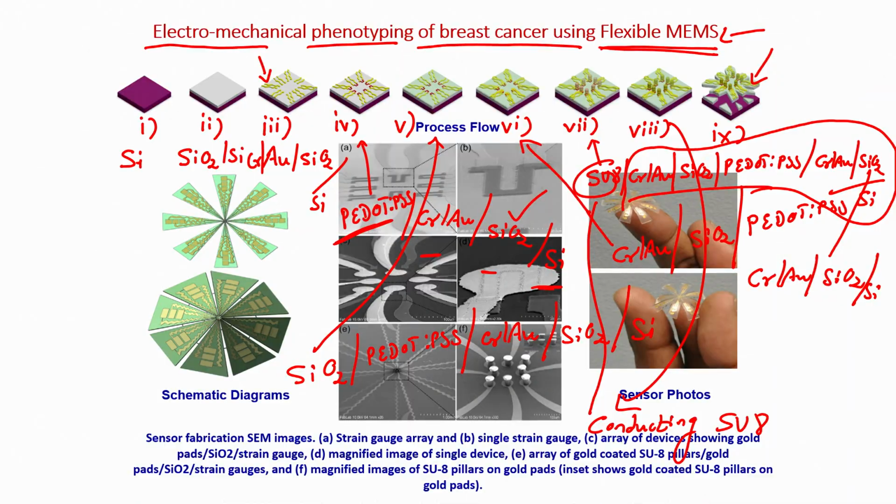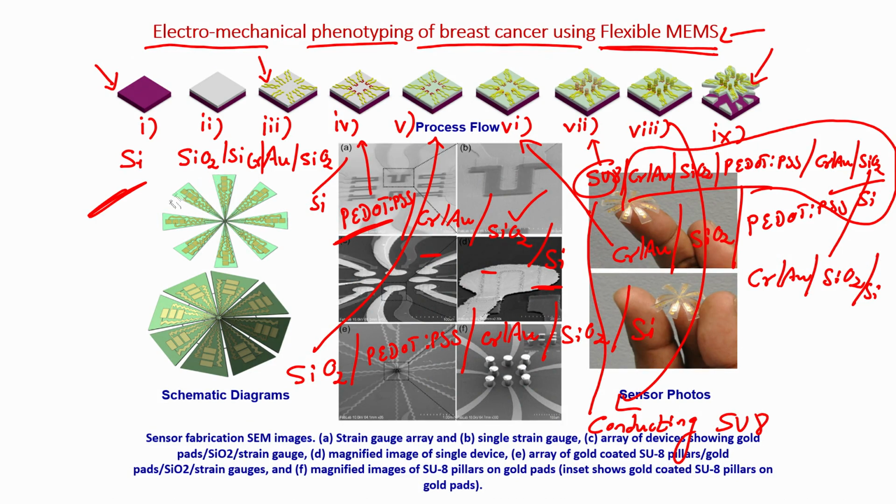So, when you grow silicon dioxide on silicon, on that you can use PDMS. If you see the screen, we have silicon, then silicon dioxide.